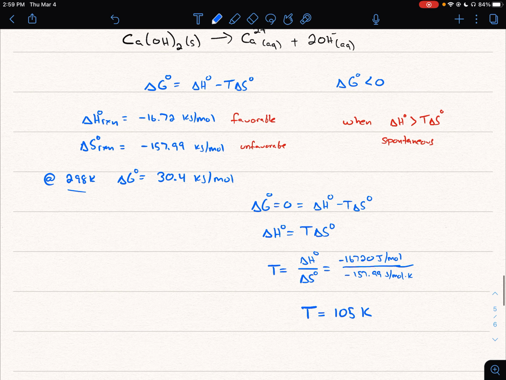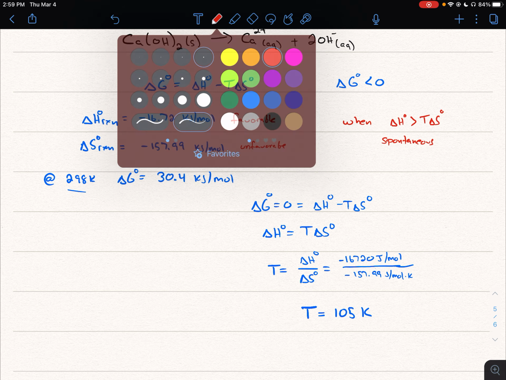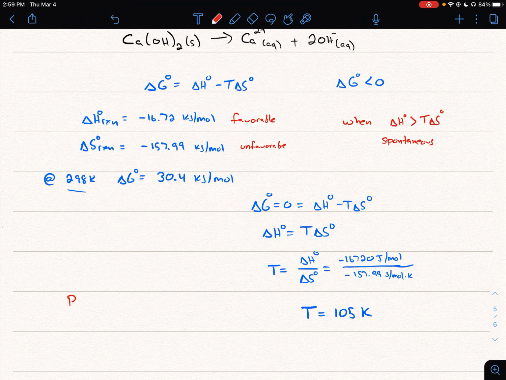Well, that tells us that our reaction is spontaneous when it's below 105 Kelvin. The reason for that is we're looking at this expression right here.